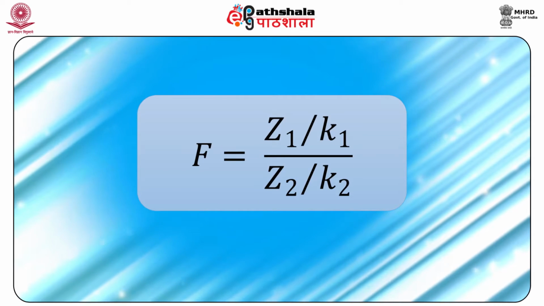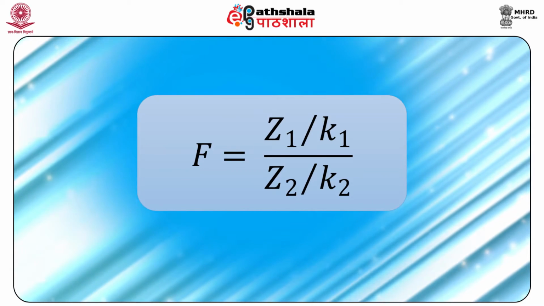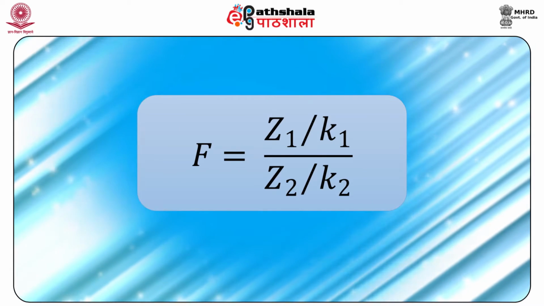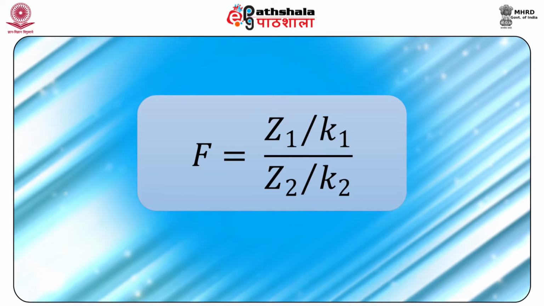Let's now look at another important distribution, which is the F distribution. Now in F distribution, suppose we have two independently distributed chi-squared variables, namely Z1 and Z2, whose degrees of freedom are k1 and k2 respectively.